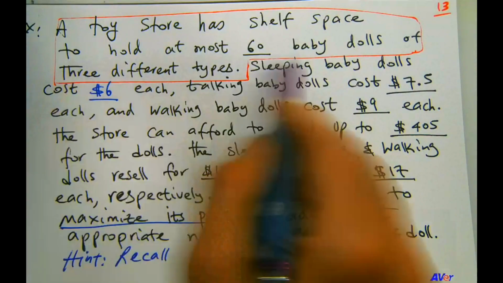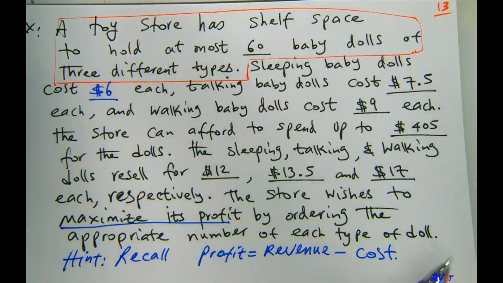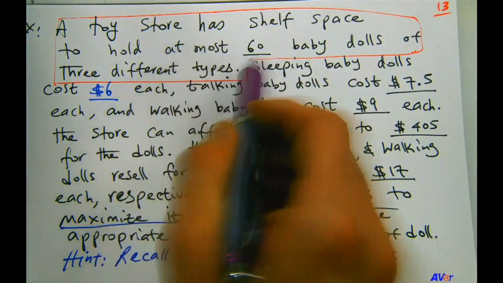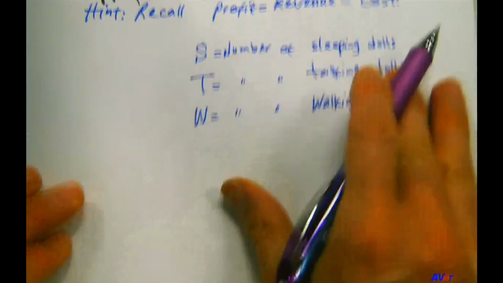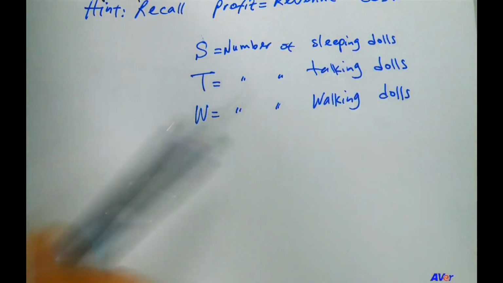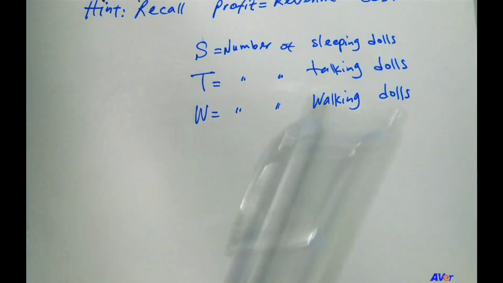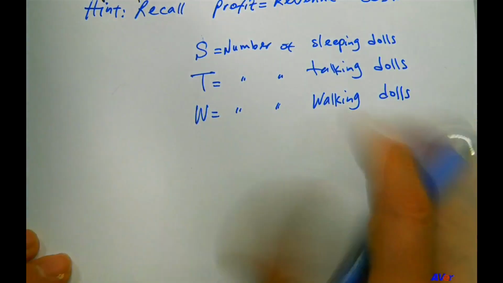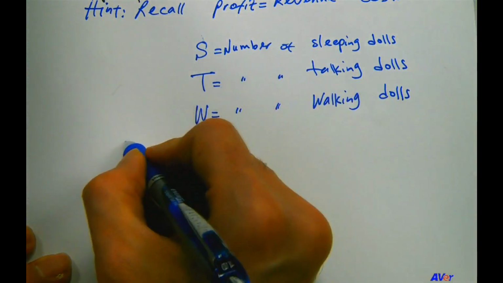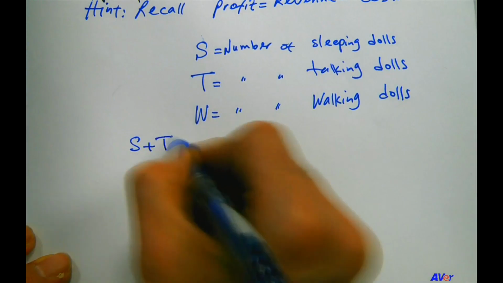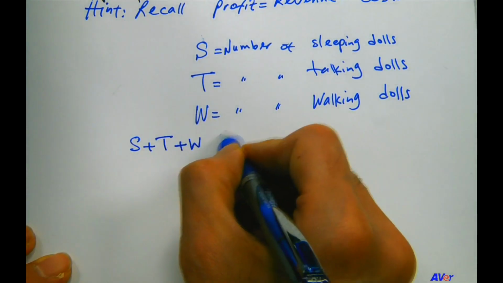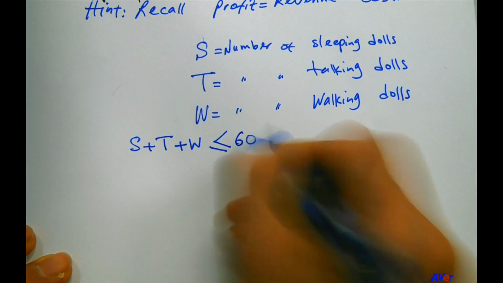See, that whole sentence, we need to translate it symbolically. The shelf space is at most 60 baby dolls, okay? So that means, given these variables, notice you couldn't do this if you had not introduced variables yet. So S plus T plus W must be less than or equal to 60, right?